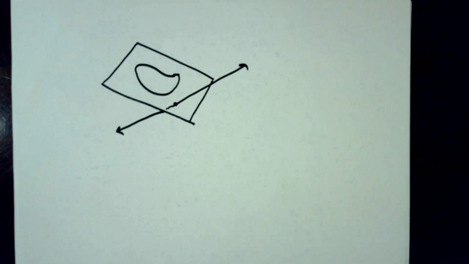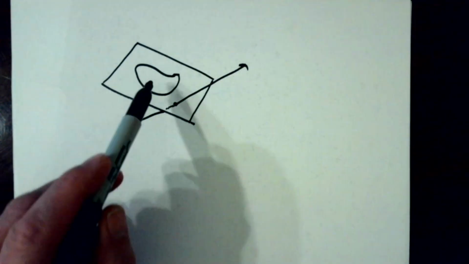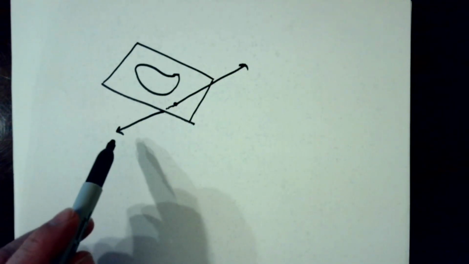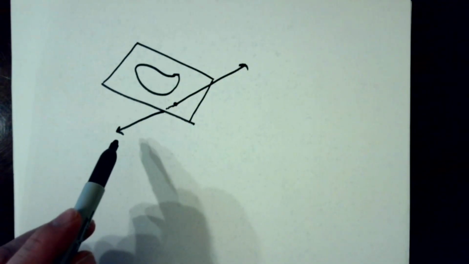What we're going to call cylindrical surfaces are created in this way. Imagine that you have a curve that lies in a plane, this curve for instance, and you have a straight line that is not contained within that plane. It cuts through it at some angle or the other. Take each point on the curve and draw a straight line through it that is parallel to the given straight line.